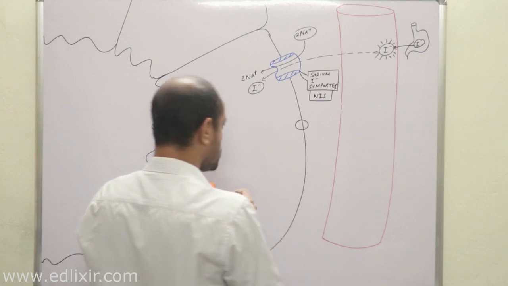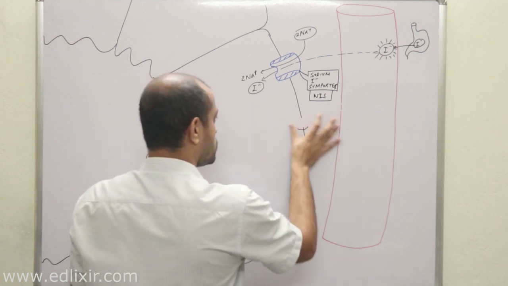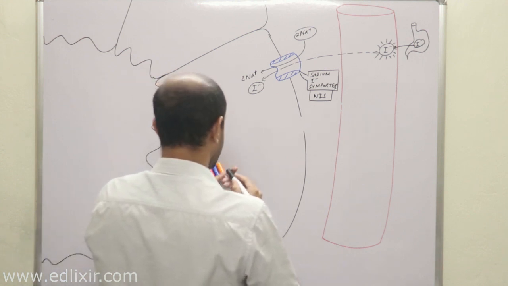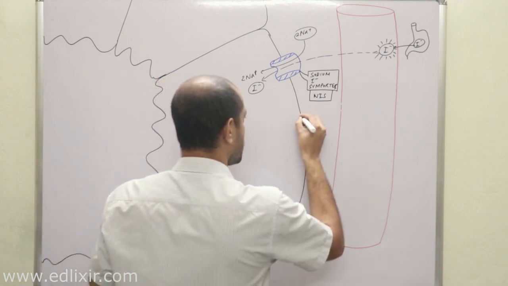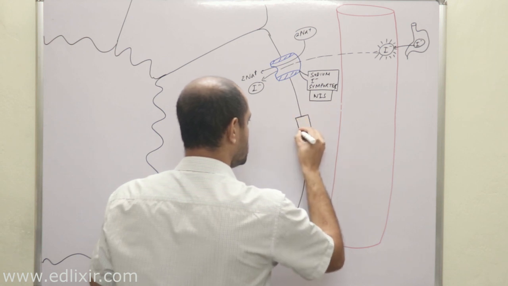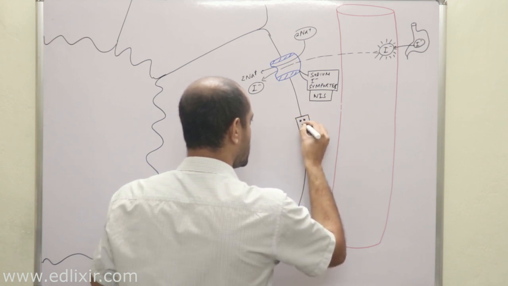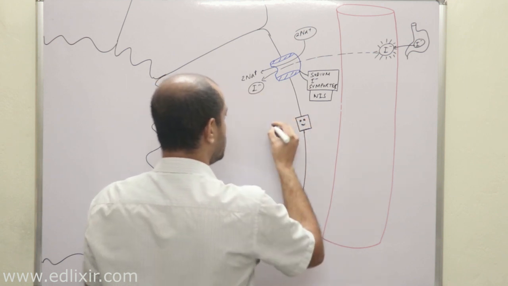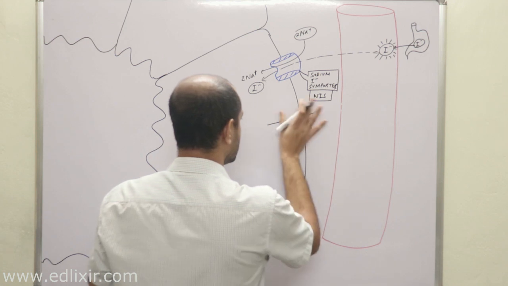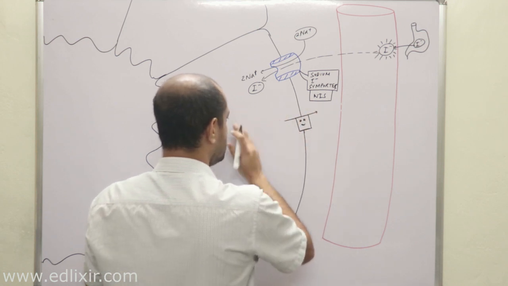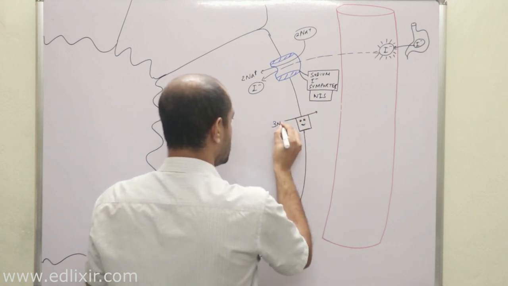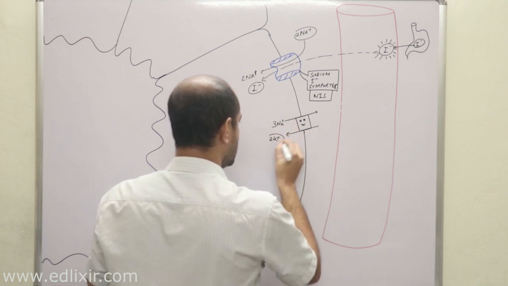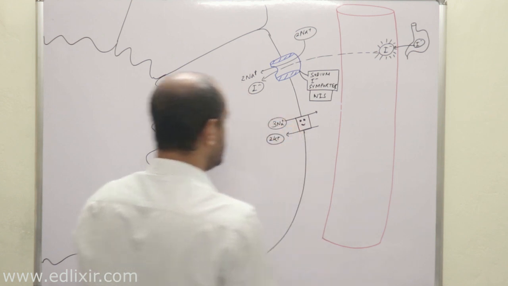If you want to throw out this sodium, you will have to activate another protein which will throw out 3 sodium and take in 2 potassium, right? 3 sodium and 2 potassium.